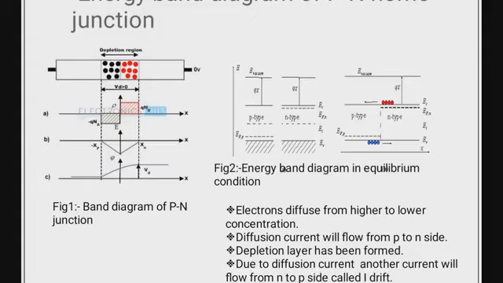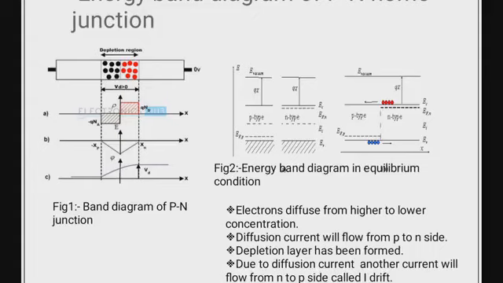Charge carrier density depends upon the electric field, the rate of change of electric field with respect to distance, and this is denoted by del E del x, which is equal to rho of x by epsilon, which is the permittivity of the medium.